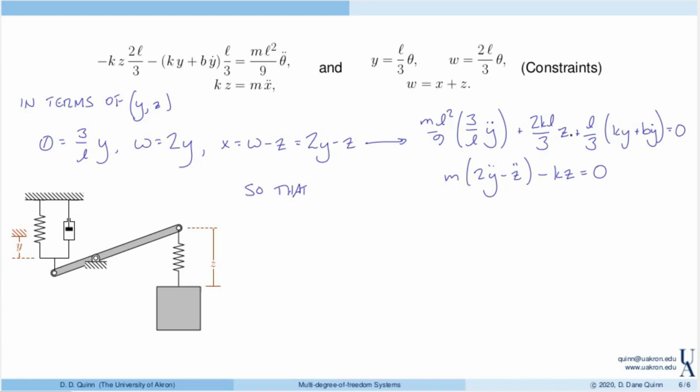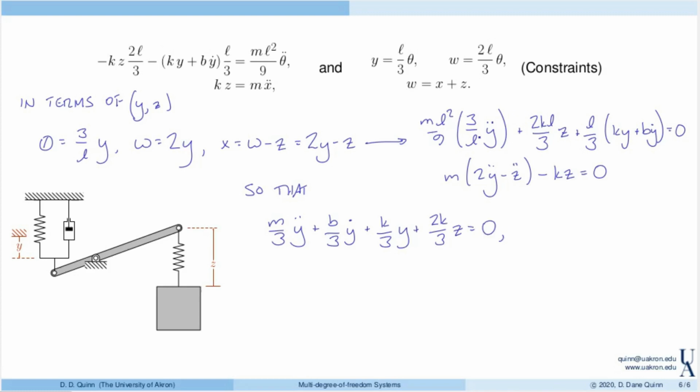And ultimately, I can write the equations of motion in the following form. Notice that this 3 cancels out with, well, at least 3 of those 9s. So we get m over 3 y double dot. I'm actually going to factor out an L from every single one of these terms, plus b over 3 times y dot plus k over 3 times y plus, now we have 2k over 3 times z equals 0.